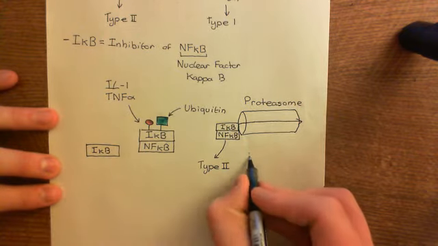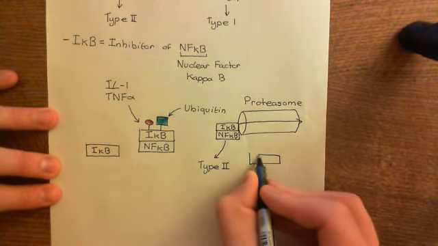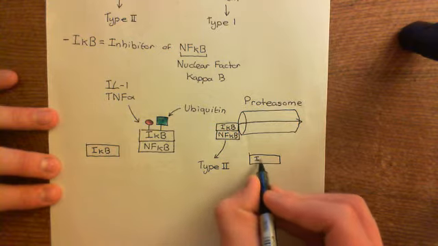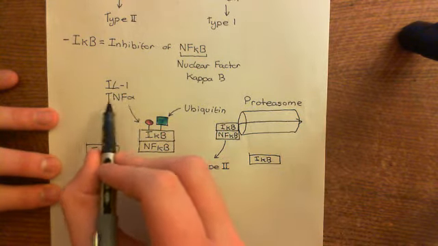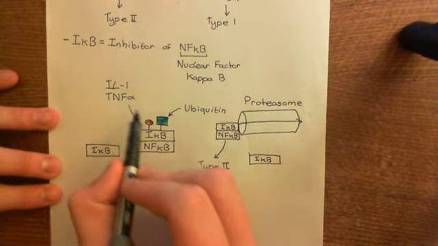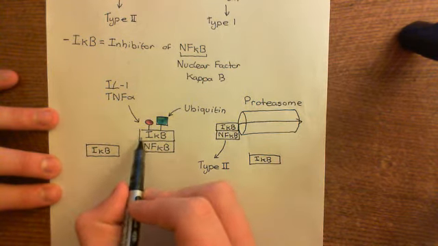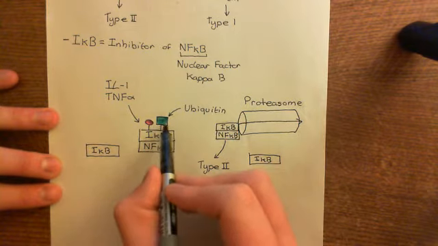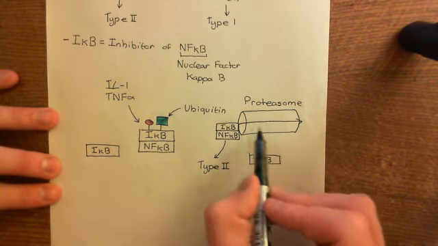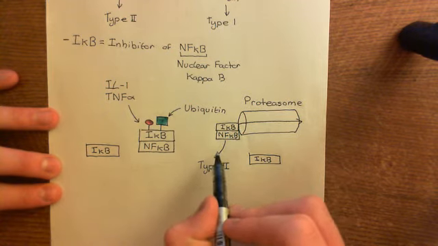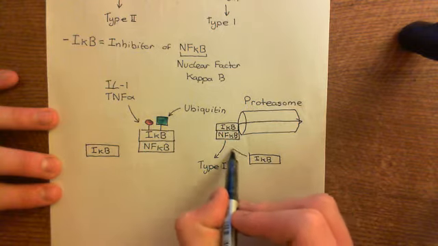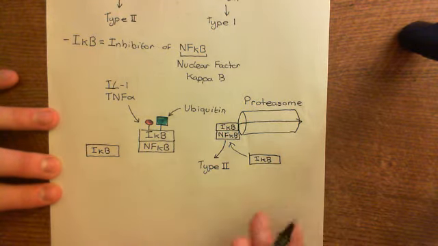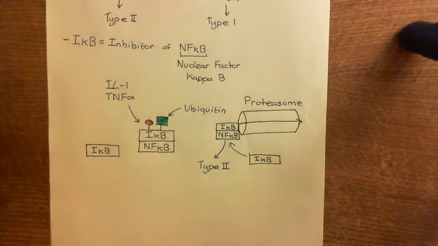Now the instant that you activate these pathways via interleukin-1 and TNF-alpha acting on their receptors on the surface of the endothelial cells, and you phosphorylate some of the inhibitor of NF-kappa B, and it gets ubiquitinated and dragged through the proteasome, and you liberate the NF-kappa B, another inhibitor of NF-kappa B will come along and bind to that NF-kappa B. So basically your efforts were futile.